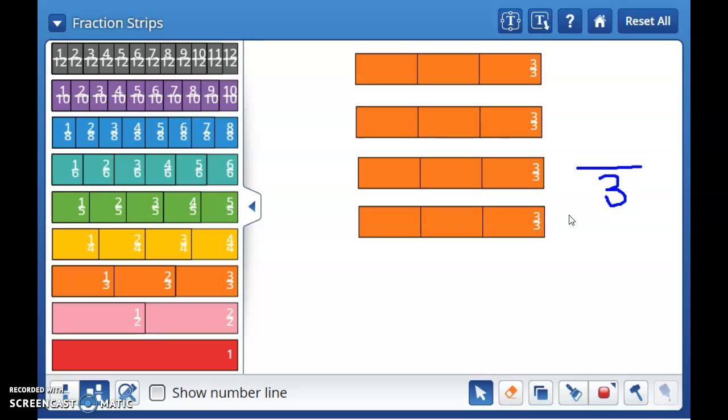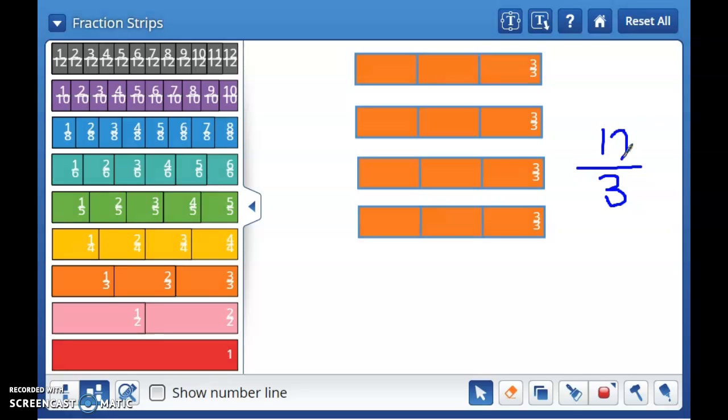Now we just have to count them. 1/3, 2/3, 3/3. And we can just keep counting on. 4/3, 5/3, 6/3, 7/3, 8/3, 9/3, 10/3, 11/3, 12/3.